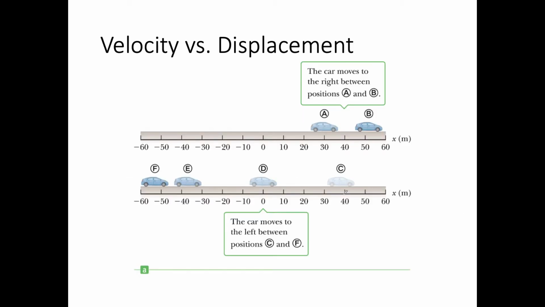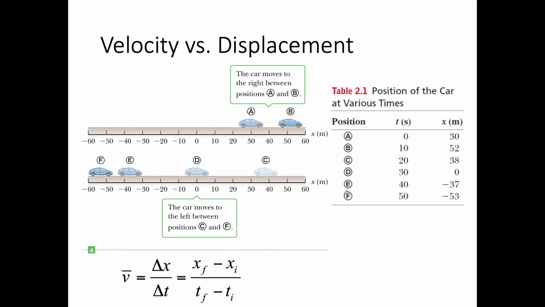Now let's look at velocity. How is velocity defined? As long as we remember what displacement is, final position subtract the initial position, the definition of velocity is very simple. Average velocity is displacement over time, the time it takes for the displacement.